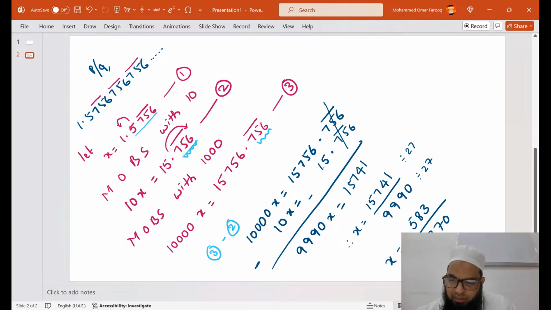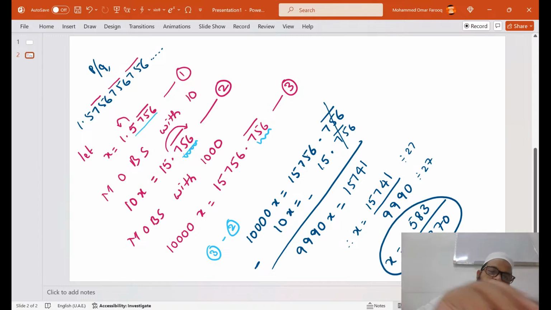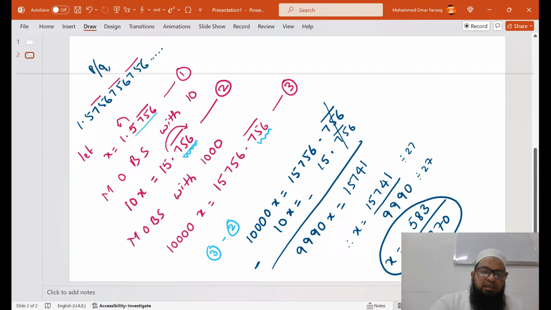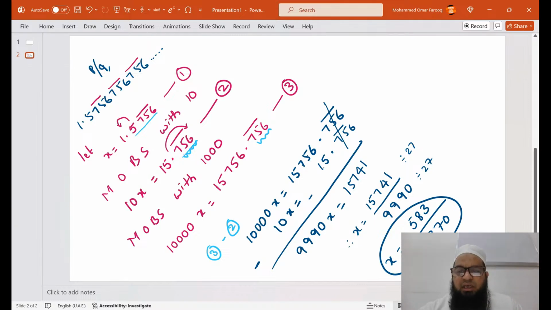So x is equal to this much. Therefore, 1.5756 bar can be written as 583 divided by 370. Got it, my dear students?